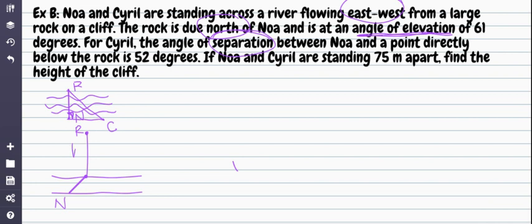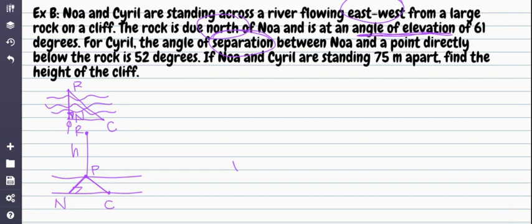And I want to know this height, right? Now remember that Cyril is here, so this has to be 90, right? I'm taking that 90 from here, and I'm putting it in here. And I'm just going to extend this line. So this is actually NC, and maybe I'll call this P for point. And PC is a 90-degree right triangle.